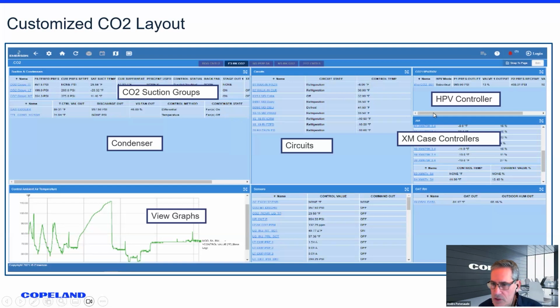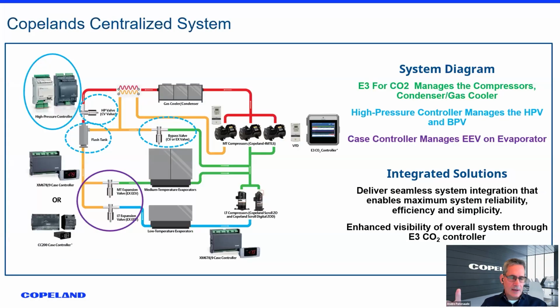For the high pressure valve we're going to talk about, in this top right corner you click on the iPro, and I'll show you what that looks like from a layout perspective and as a troubleshooting tool. Then there are all your case controls, and you can even graph. So it's up to you how you want to look at it. That's kind of right up front, the E3 and its ability to view that information.